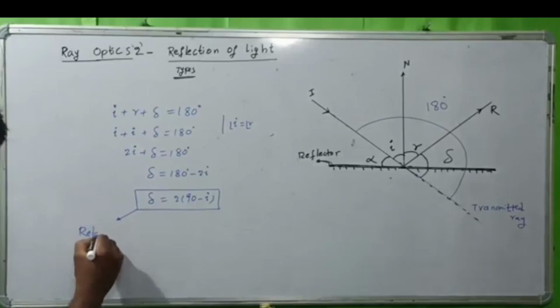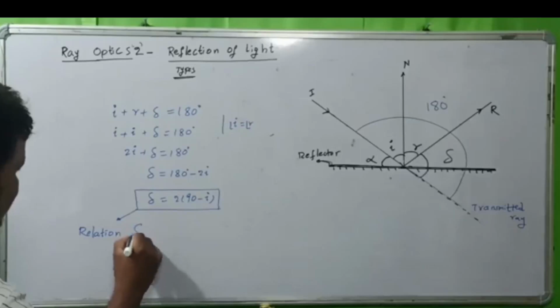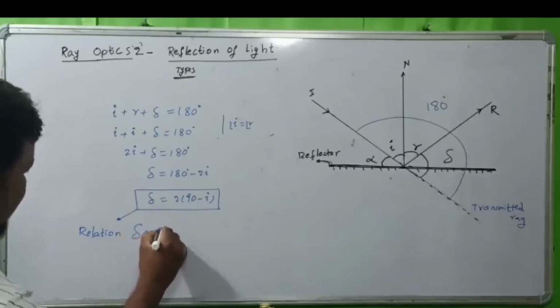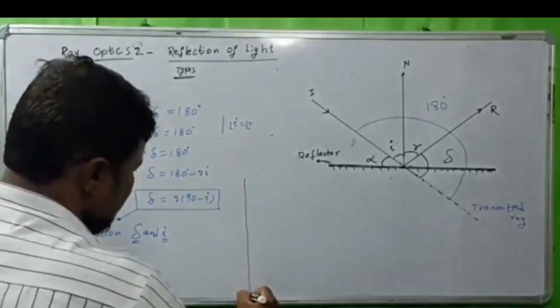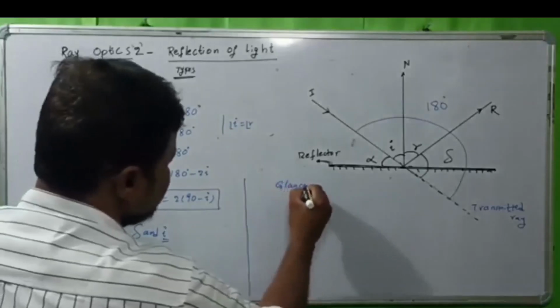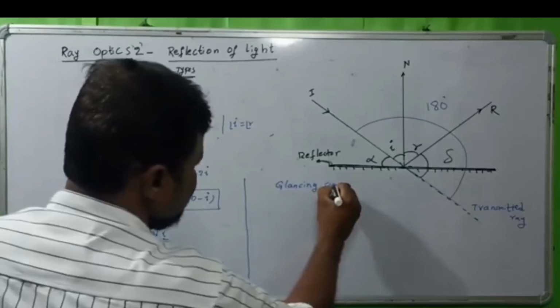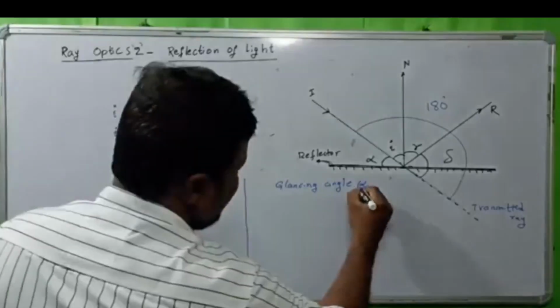Relation between delta and I, angle of incidence. Now observe the glancing angle alpha.